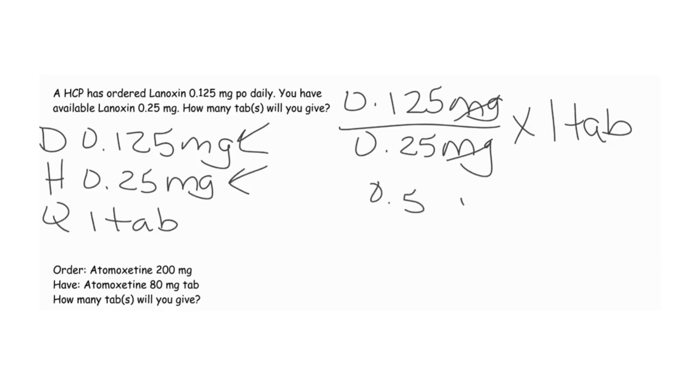Milligrams cancel out, times 1 tab, and 0.5 times 1 is 0.5. So we are going to give 0.5 tablet, right? So that's our D over H times Q.